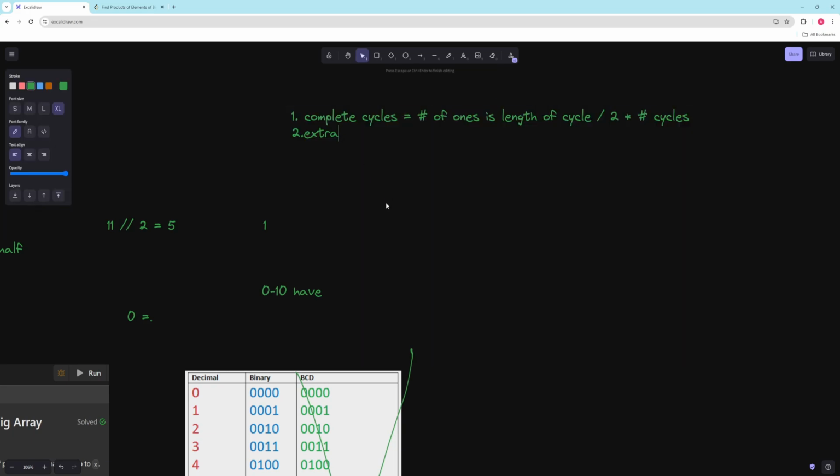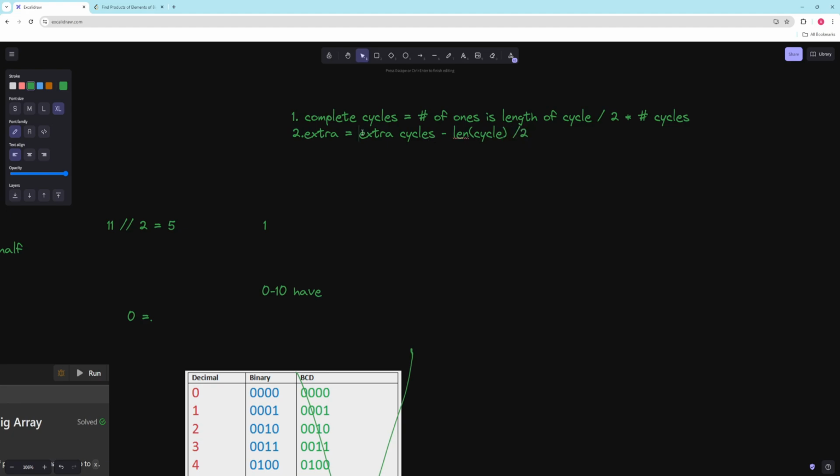Now for the extra, we know that the second half of the cycle is ones. So how many ones do we have? Well, it's just going to be the extra, whatever we have left, minus half of a cycle, or the length of the cycle over 2.